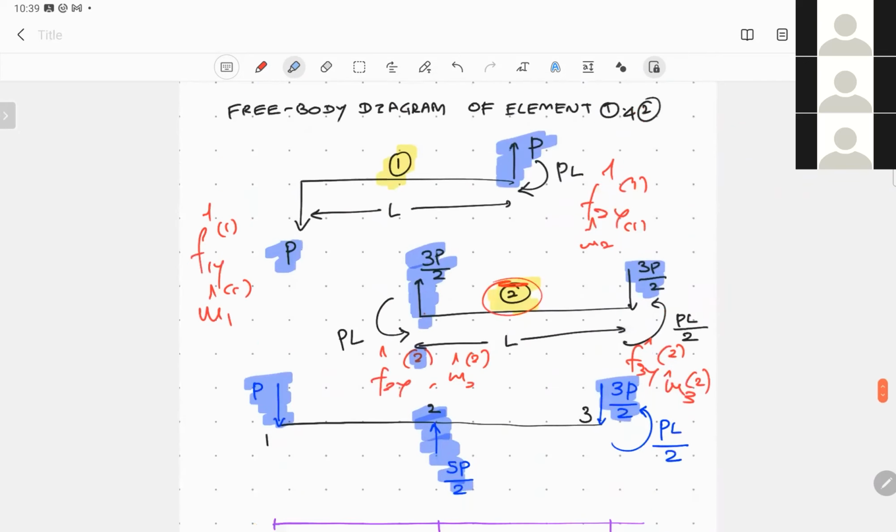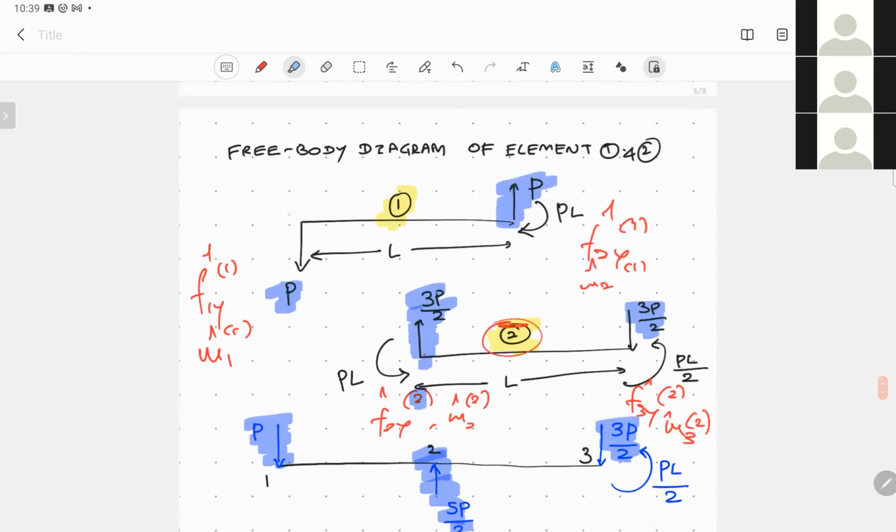You can see there's no bending moment applied at node number 1 of element number 1. Then in the middle, at node number 2, a moment PL is applied in the clockwise direction, and there's another acting in the anti-clockwise direction, which is given by PL by 2 in the opposite direction.